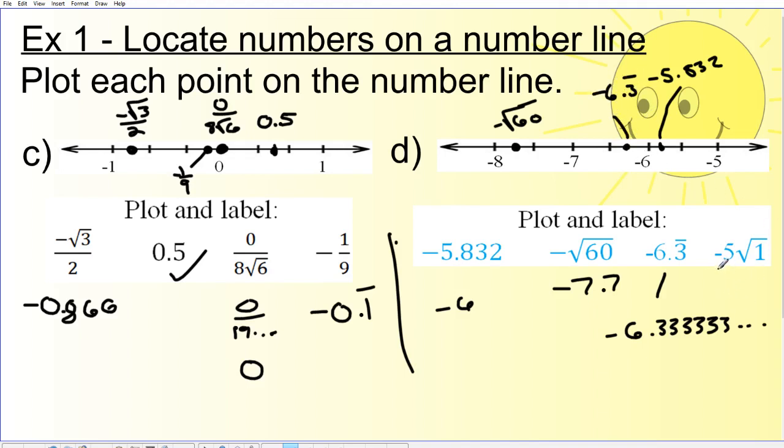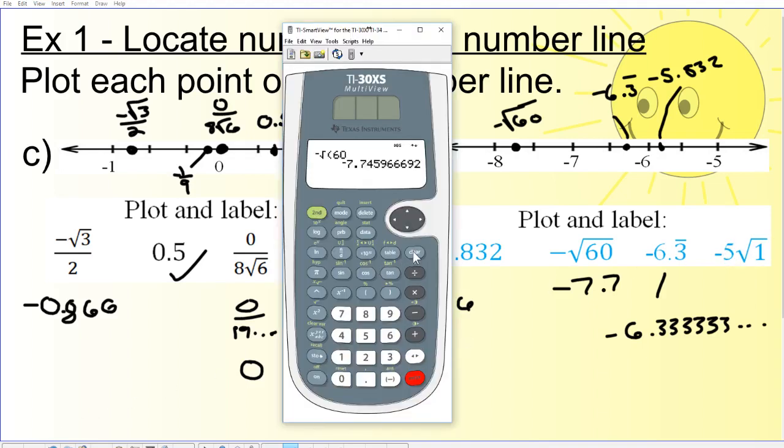Last one, negative 5 times the square root of 1. Okay? Now, maybe you already knew the square root of 1? Maybe not. It's 1. 1 times 1 is 1. So if you take the square root of 1, you get 1.